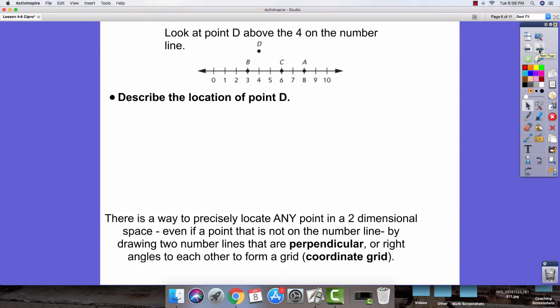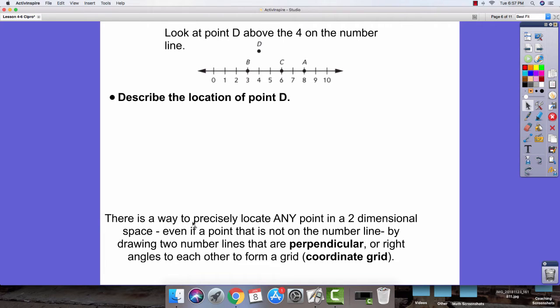All right, now that you have that, let's look at this number line that you have. It's a little awkward here. So look at point D above the 4 on the number line. So here's point D. Can you describe the location of point D? Give it your best shot. Pause video and describe the location of point D. All right, you might have had some trouble describing this, okay?